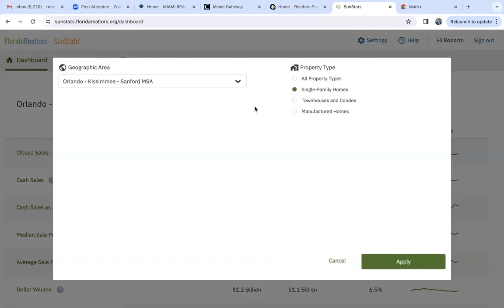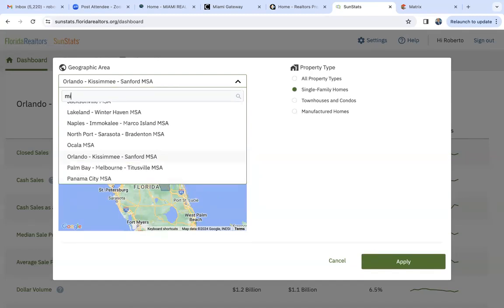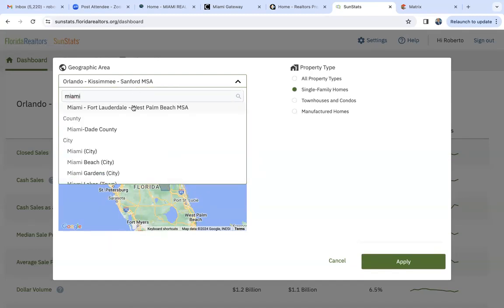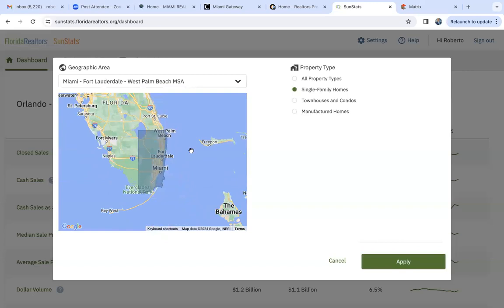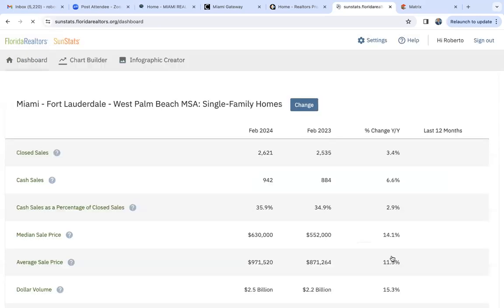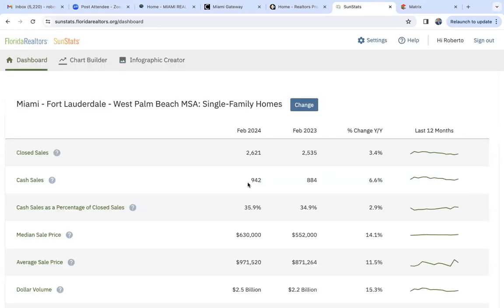All right. Then let's compare that to Miami-Dade County. We're going to go with Miami, Fort Lauderdale, West Palm Beach, this entire area right there, and click on apply. Notice, guys, the Tampa area had more sales in February of 24 than Miami-Dade, Palm Beach, and Broward counties combined.